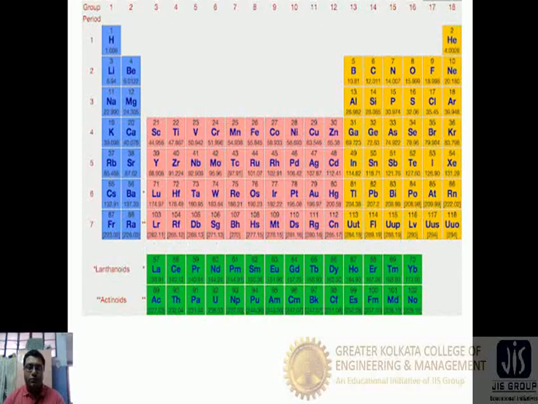Before going into the depth of this session, here we can see the periodic table. The periodic table is the properties of each material in tabularized form. Each material is tabularized in this periodic table depending upon its atomic number.